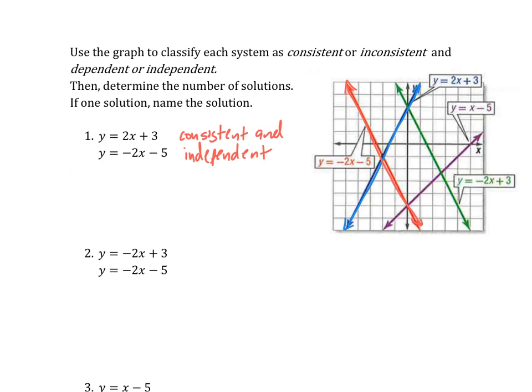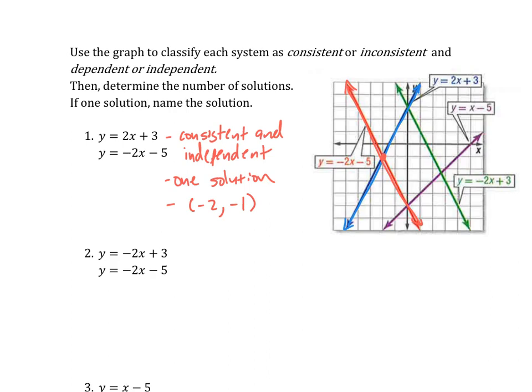Okay, so it's consistent and independent, and it has one solution. And finally, we want to name the solution. So our solution point is right here. It's going to be at negative 2, negative 1. That is our solution to the system of equations, okay? The point where the lines cross.